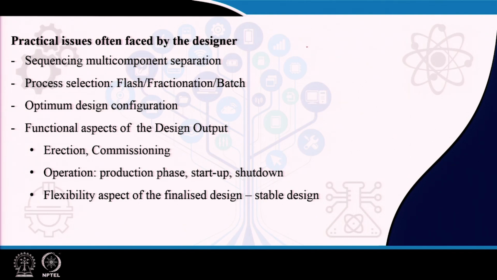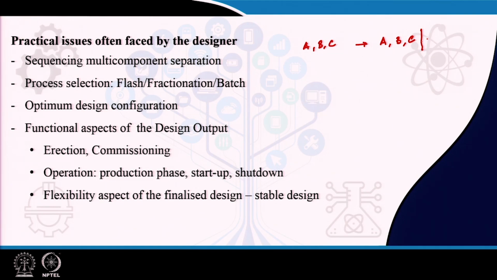Say they have a mixture of A, B and C. This is in the order of decreasing volatility, and perhaps he is supposed to produce 3 streams, rich in A, rich in B and rich in C. So the question comes: what should be the sequence of separation and what are the options? That we definitely have to cover in this course, because this is a very common situation which is faced by the designer.